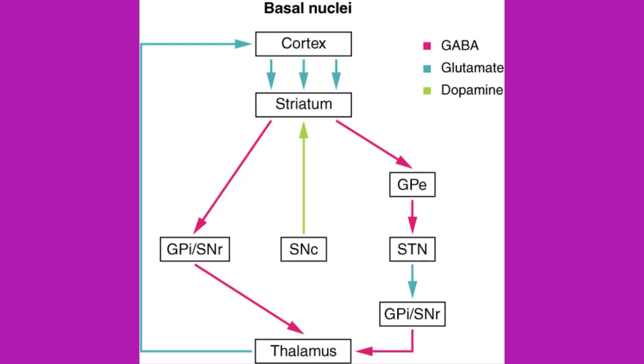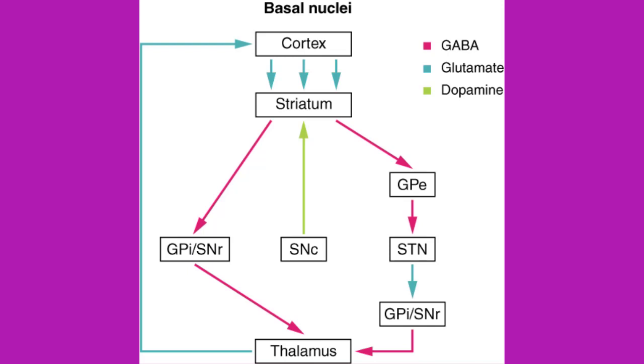The indirect pathway is the projection of axons from the striatum to the globus pallidus external segment, or GPe, then to the subthalamic nucleus, or STN, and finally to the GPi and SNr. The two streams both target the GPi and SNr, but one has a direct projection and the other goes through a few intervening nuclei.